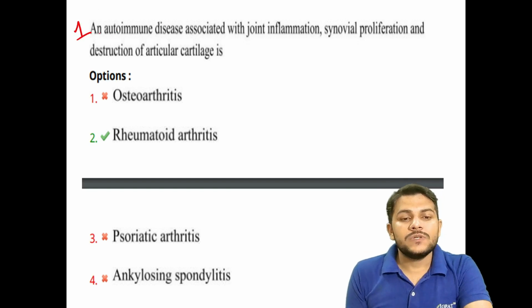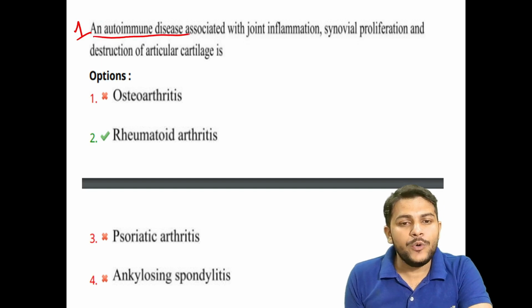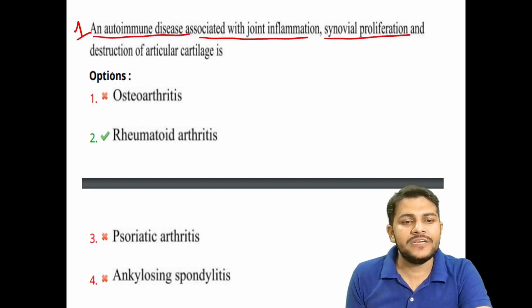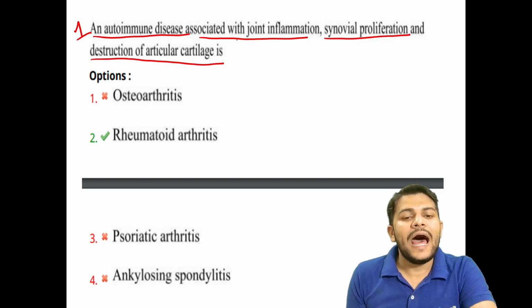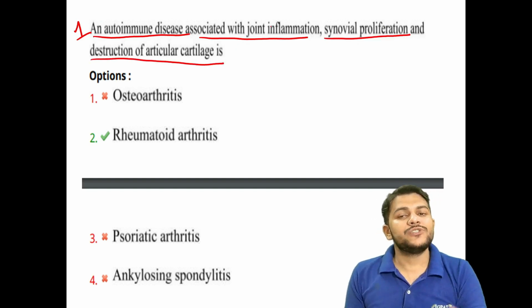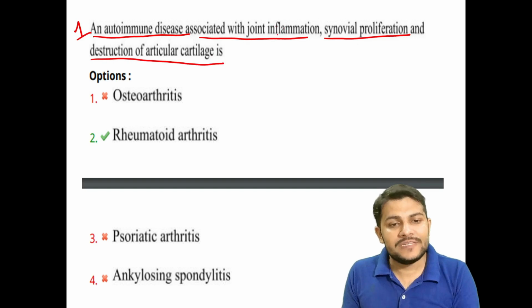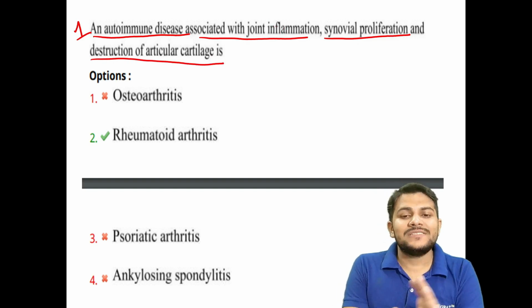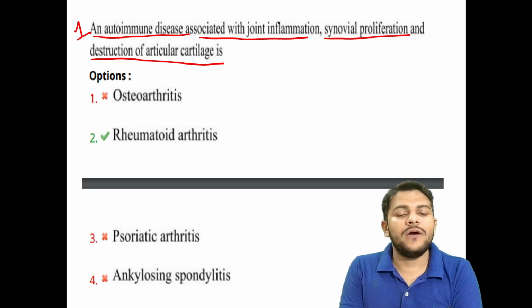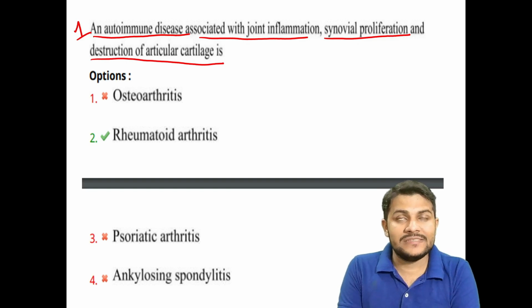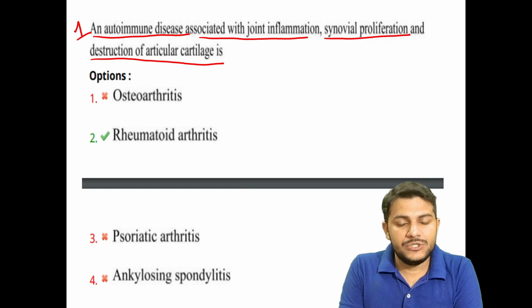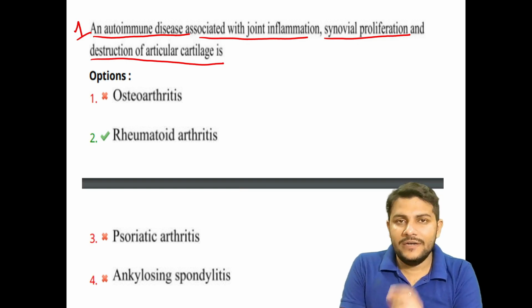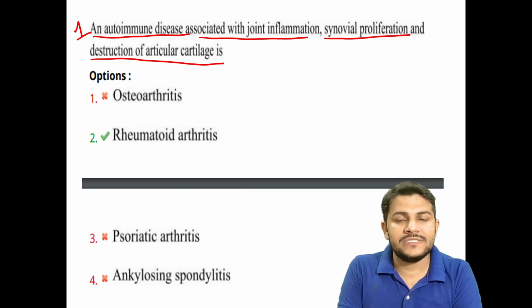The question is about an autoimmune disease that is associated with joint inflammation, synovial proliferation, and destruction of the articular cartilage. In your pharmacology syllabus, there are two disorders related to the joints, which you read in the autacoid chapter: one is gout and the other is rheumatoid arthritis.